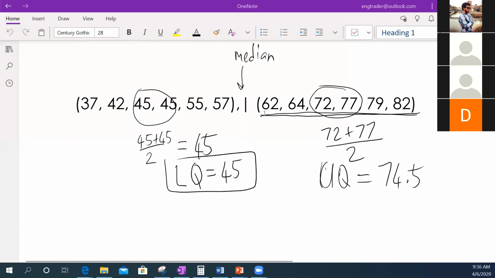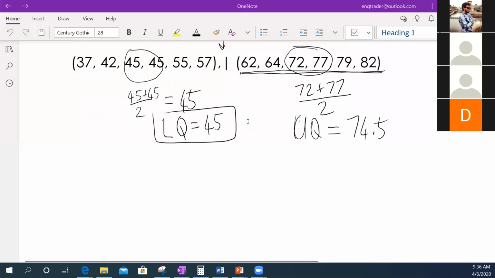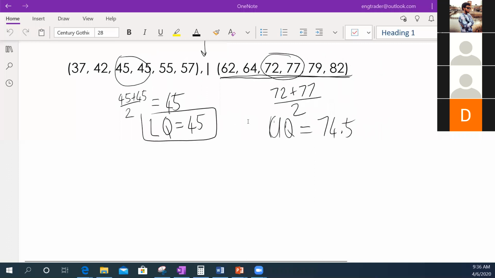And how do we find that? You find the difference between the upper quartile and the lower quartile. So the interquartile range is equal to 74.5 minus 45, and then we get our answer: 29.5.